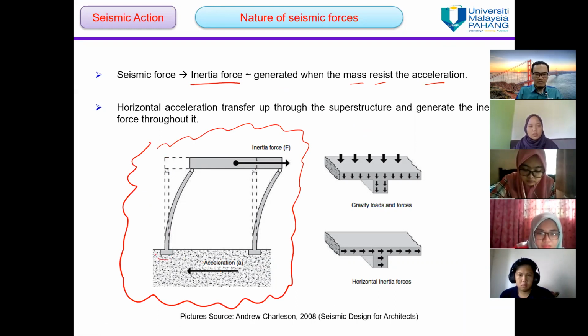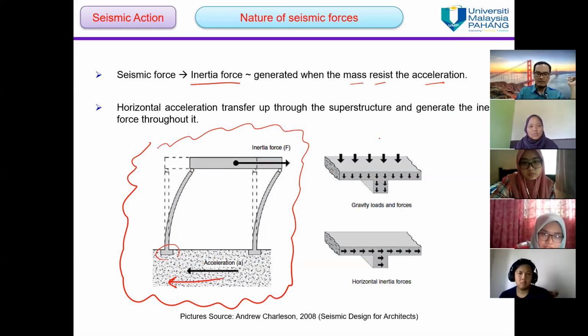This is the foundation, this is the column, and this is the beam. The ground acceleration moves to the left, and the higher part of the building still stays in its original position, and then it will try to resist the motion, and it vibrates back and forth, left and right.